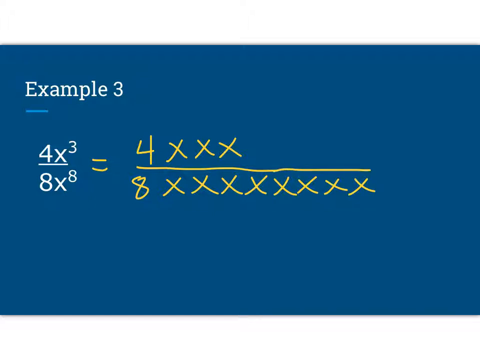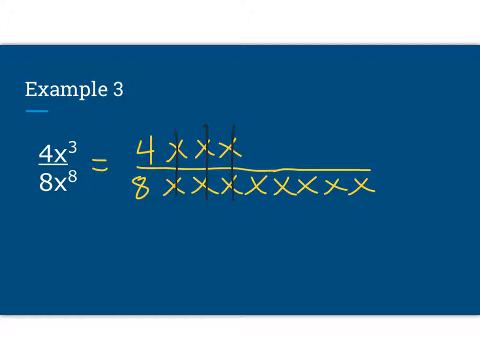Here's what it should look like. So let's go through and cross off what we have on the top and the bottom. We see an x. There's 3 x's on the top, so that means we can cross off 3 x's on the bottom.